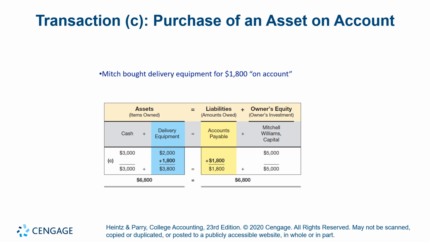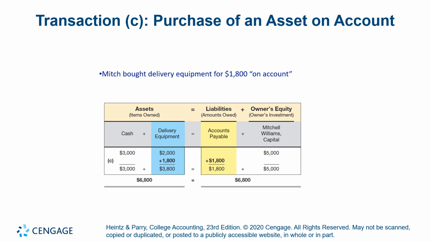All right, so the next thing we're going to look at is the purchase of an asset on account. So Mitch bought delivery equipment for $1,800 on account, okay? So we didn't touch our cash. This has now become a liability for the business, right? It's a bill that the business owes.